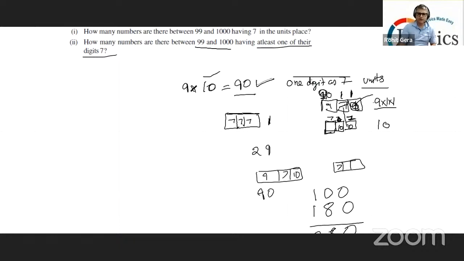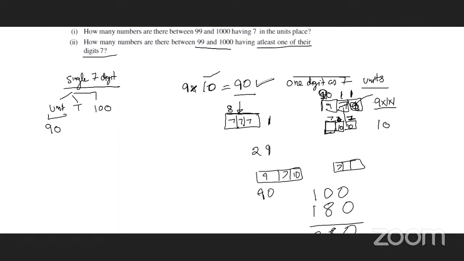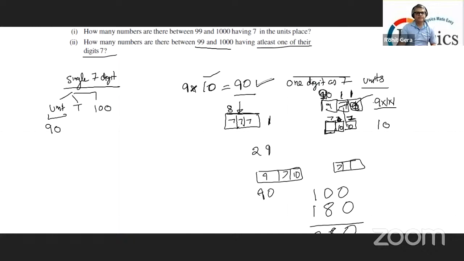So the first choice is a single 7 digit, in the units place, tens place, and hundreds place. In the unit place you got 90. If you put it in the tens place, only one 7 is allowed right now, so you're left with 9. 7 and 0 are gone here, so 8. And here again 8, 0 can be used.